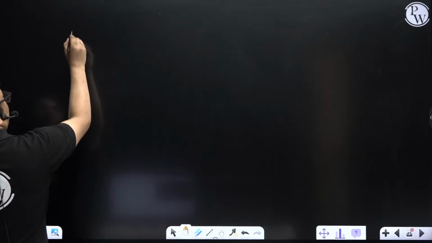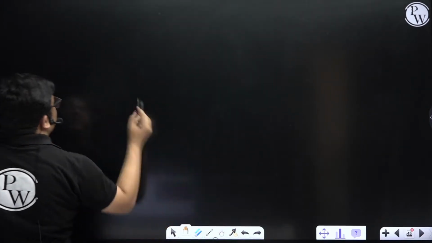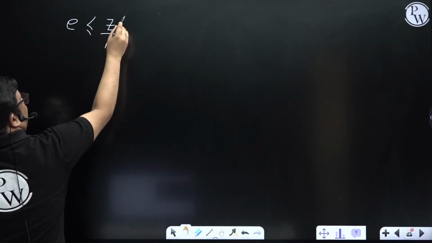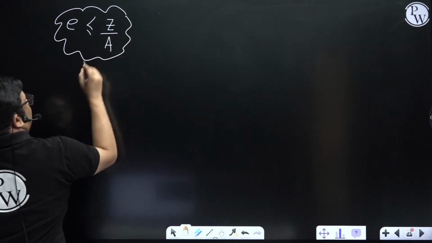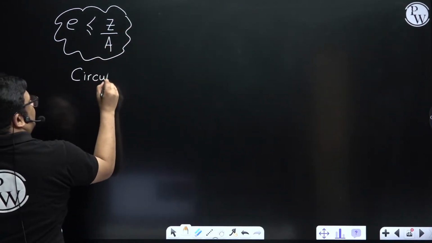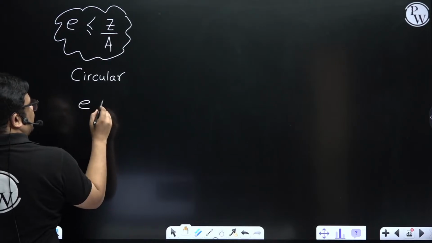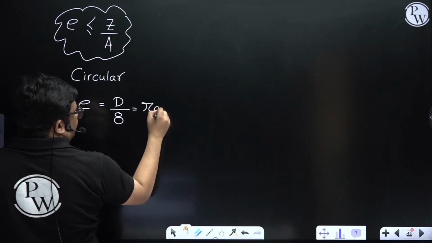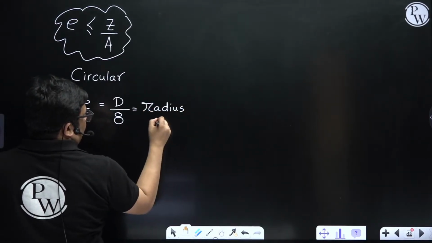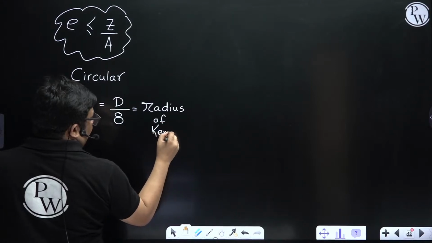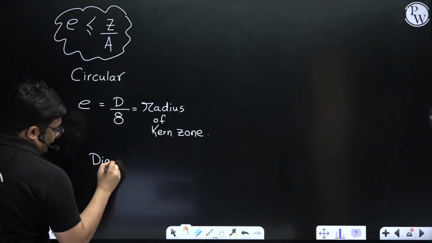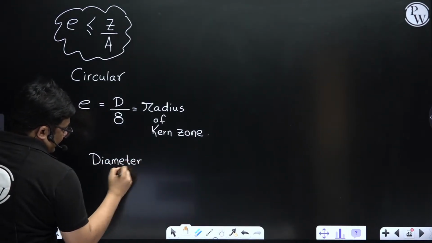So if I conclude the kern zone, how are we getting the eccentricities? The basic equation is e is less than or equal to Z by A. Then for a circular section, the maximum eccentricity we got was d by 8, and this was the radius of the kern zone. The diameter of the kern zone was d by 4.